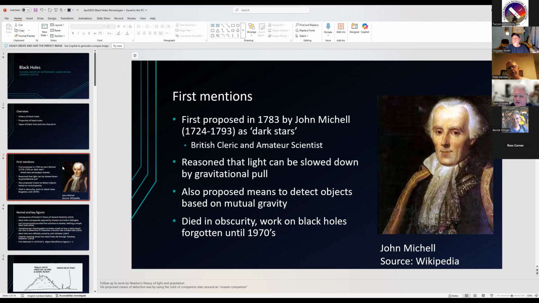So my question is, did he or they think about it as being a gravitational thing that pulled photons in, or were they just saying, "Oh, we see the effect of it, but we don't see it, so it just must be a dark star"? Did they actually understand the concept of the gravitational pull of gravity on light?